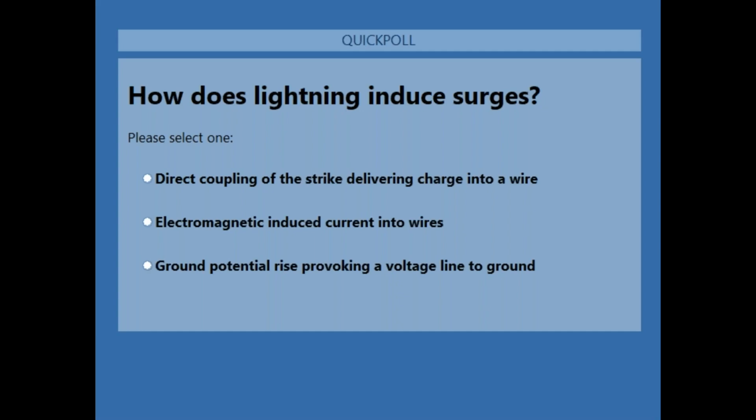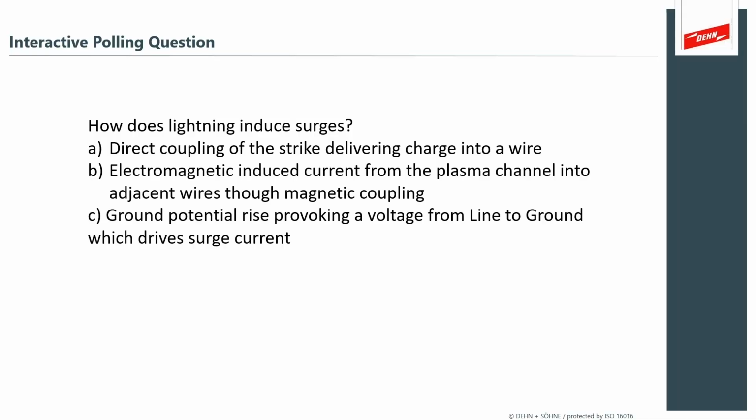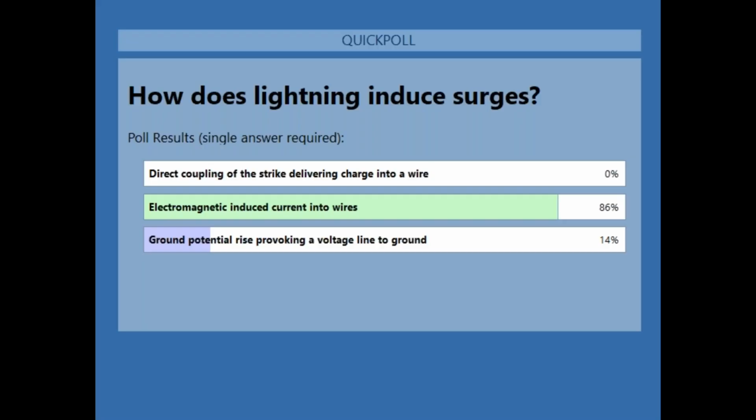As an audience, I'd like to get your feedback on what is the best fit for how it's actually happening. Electromagnetic induced currents from adjacent structures. So it's not always just getting struck by lightning. There's more to it.